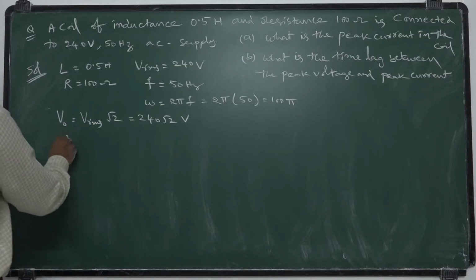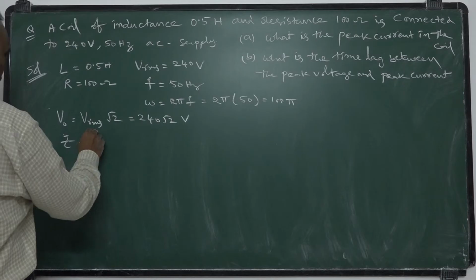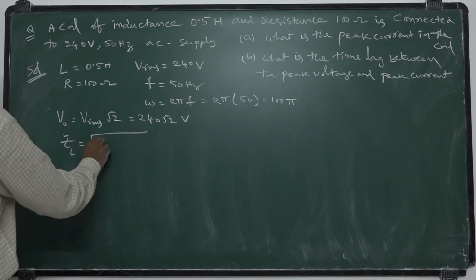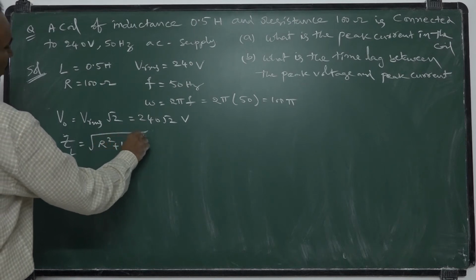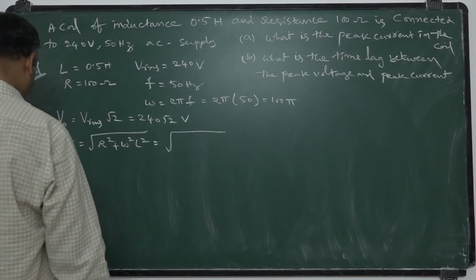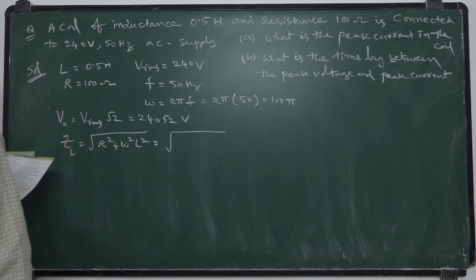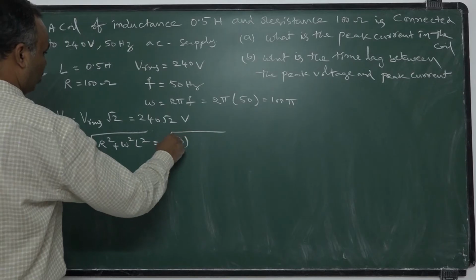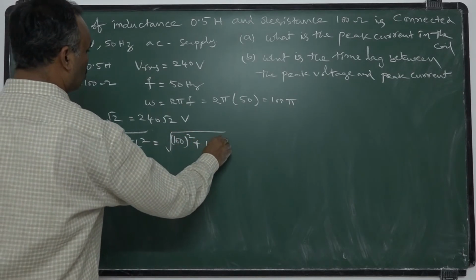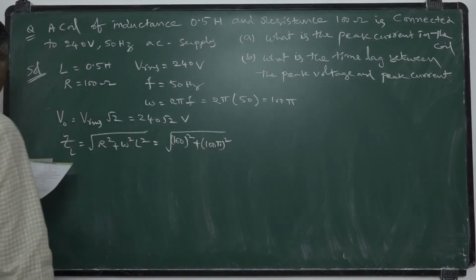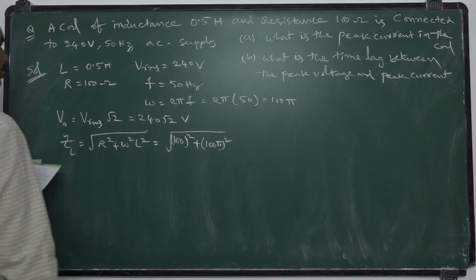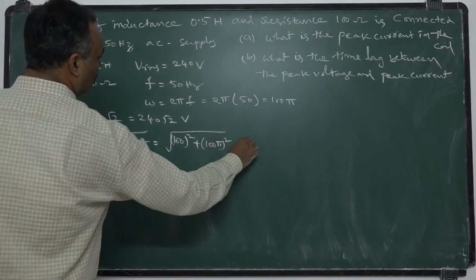So the impedance in the circuit is Z. It's an inductive circuit, you can write ZL also. Square root of R square plus omega square L square, that is square root of 100 square plus 100 pi whole square into 0.5 square.